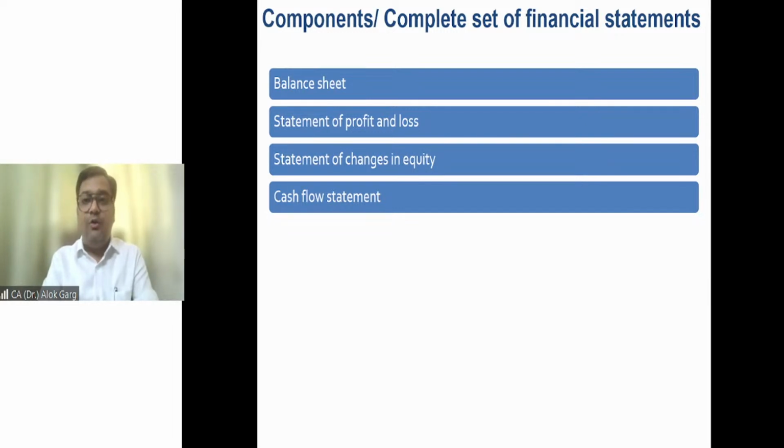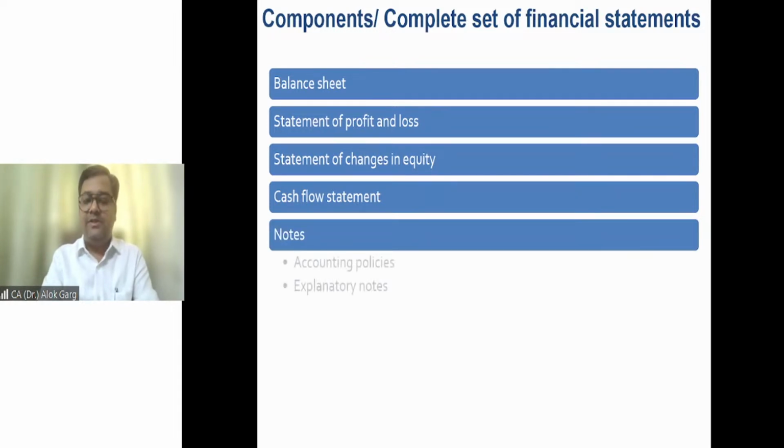Statement of changes in equity. This is again a new, separate component. Why? This presents your movement in equity share capital and reserves and surplus. Then there is a cash flow statement, which is the statement of cash flows. Then there are notes, which include accounting policies, basis of preparation, right?